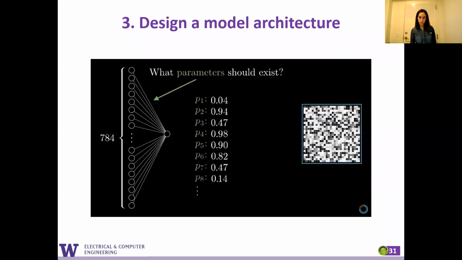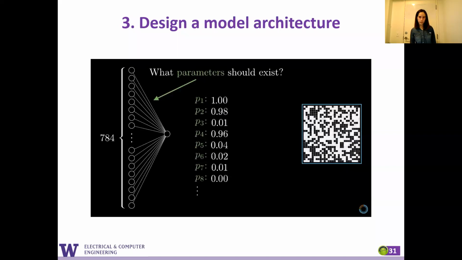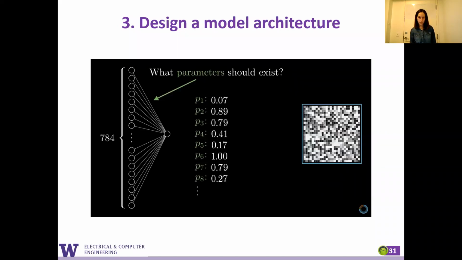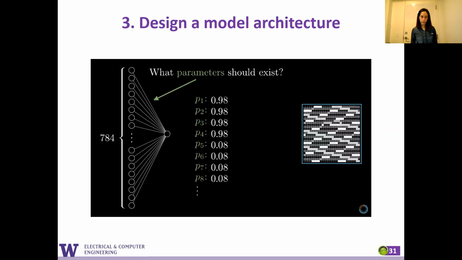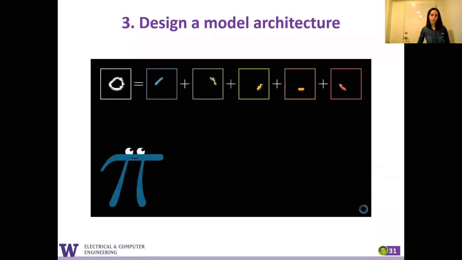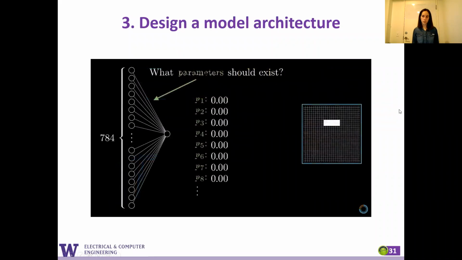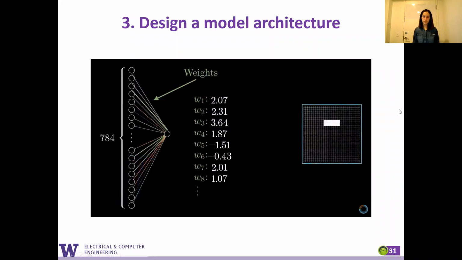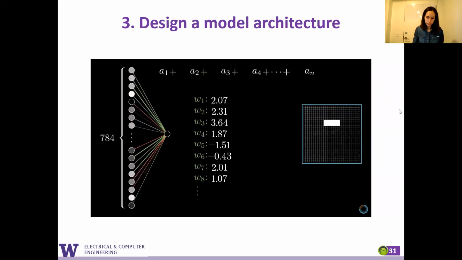What dials and knobs should you be able to tweak so that it's expressive enough to potentially capture this pattern, or any other pixel pattern, or the pattern that several edges can make a loop, and other such things? Well, what we'll do is assign a weight to each one of the connections between our neuron and the neurons from the first layer. These weights are just numbers. Then take activations from the first layer and compute their weighted sum according to these weights.